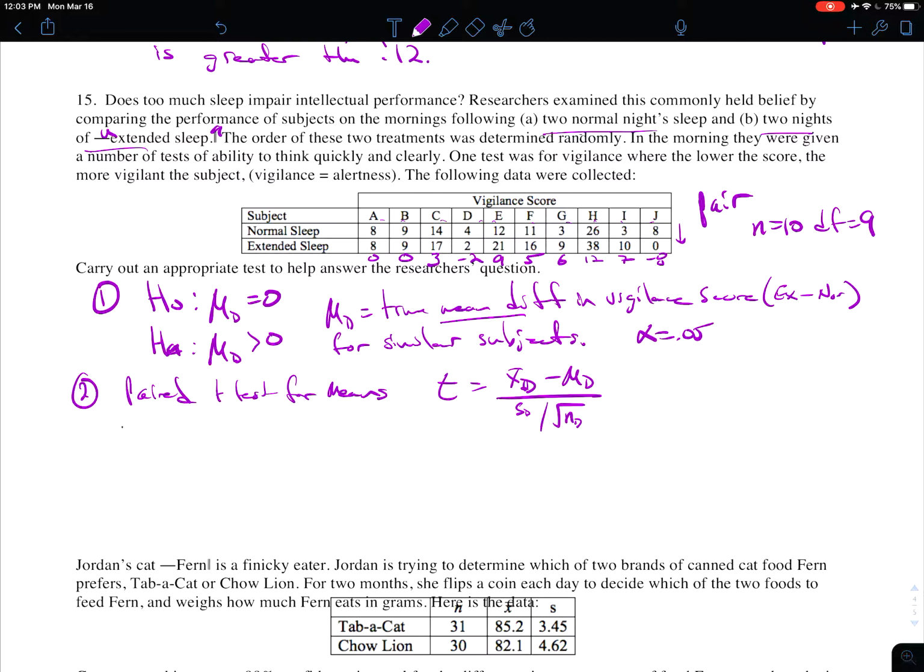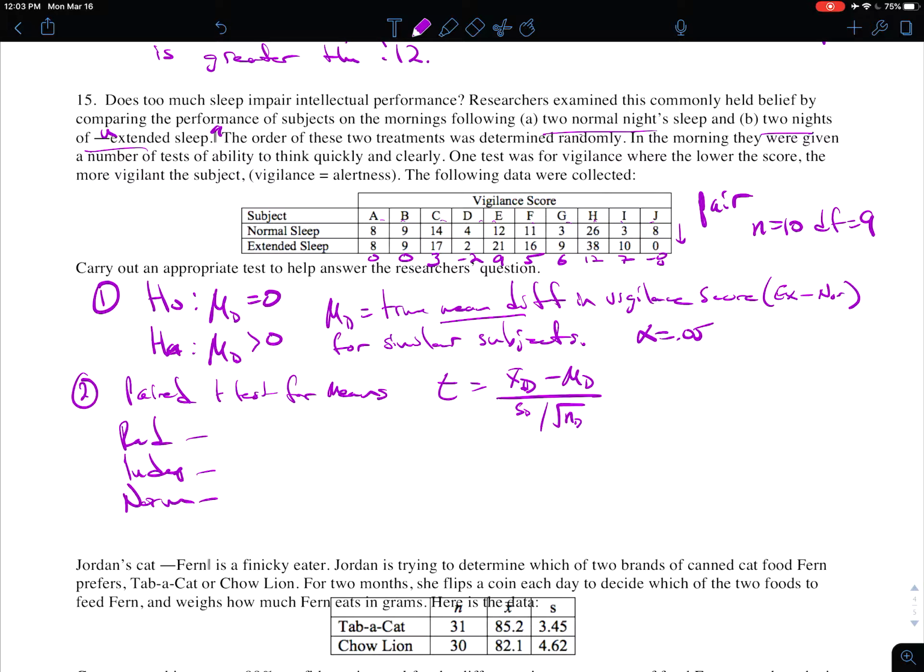Let's see, the conditions: random, independent, and normal. I'm going to run out of space. Let's see. At some point, hopefully this was stated that it was random, they were assigned in random order, and if it didn't explicitly say that, assuming that's how it was done, it's probably not a tragic assumption to think that that's how that happened.